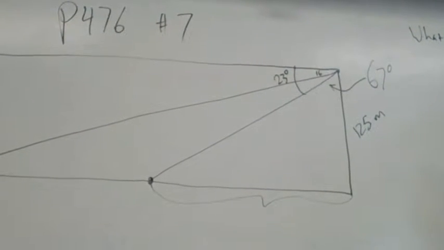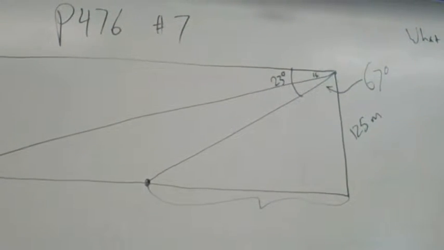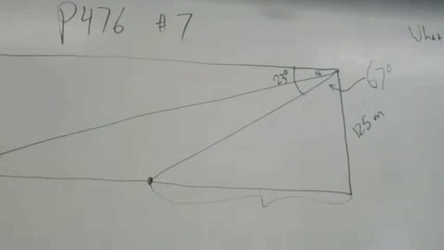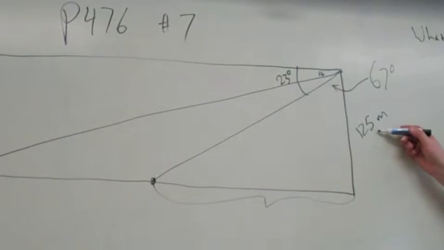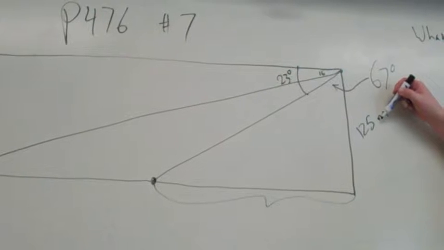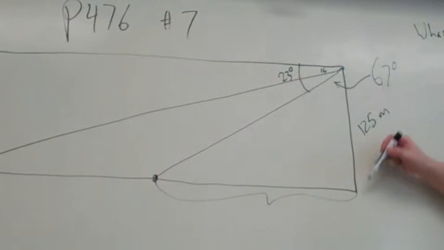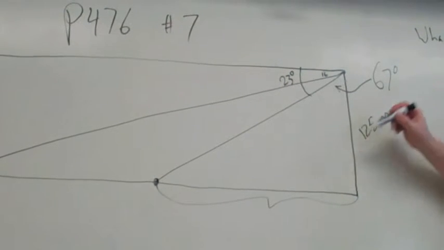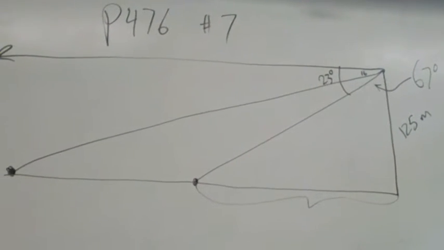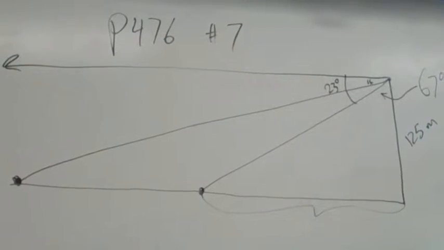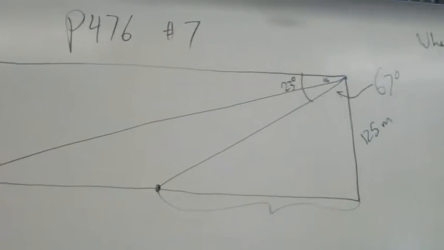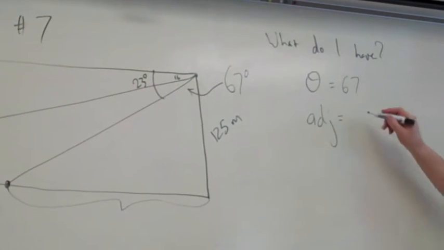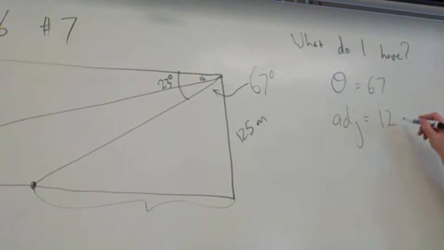I have an angle. I'll call it theta. I have a side of the triangle. This side right here, it's not the hypotenuse, because this is the right angle down here. It's not the hypotenuse, and it's not the opposite, so it must be the adjacent. So the length of the adjacent side is 125.